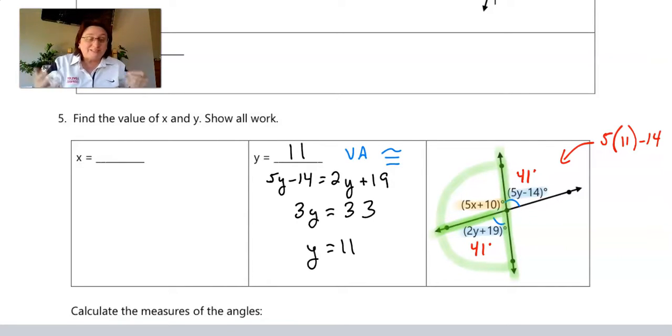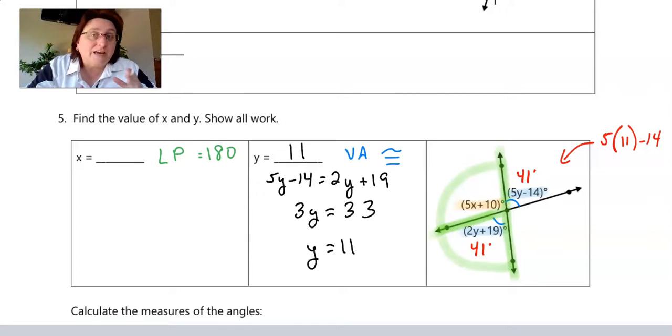They're adjacent, and a linear pair means that they add up to 180. They're supplementary. Having said that, I want you to set up the equation for the x value, solve it, and tell me, what do you get for the value of x?